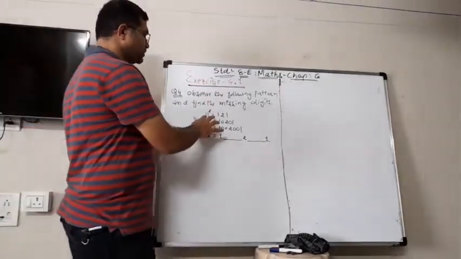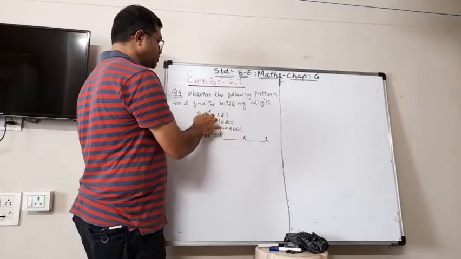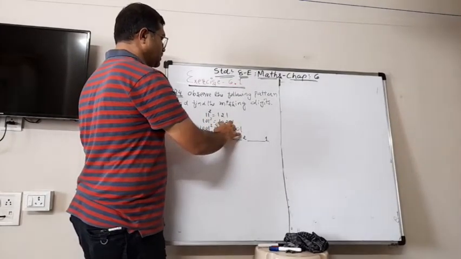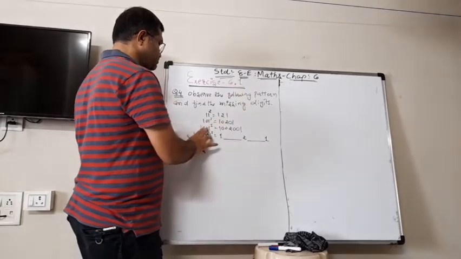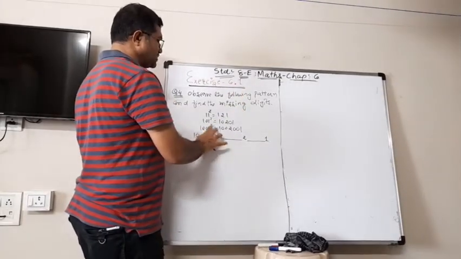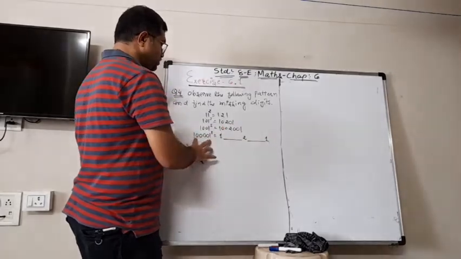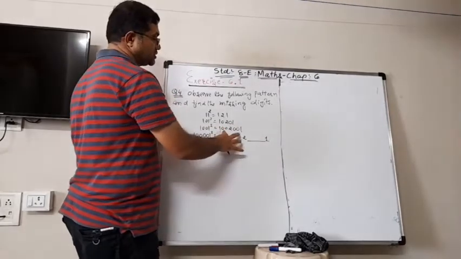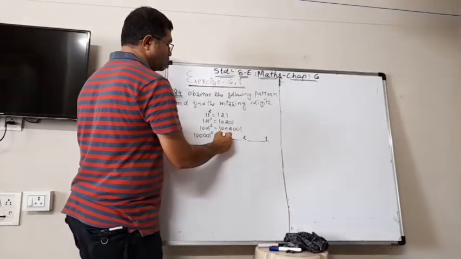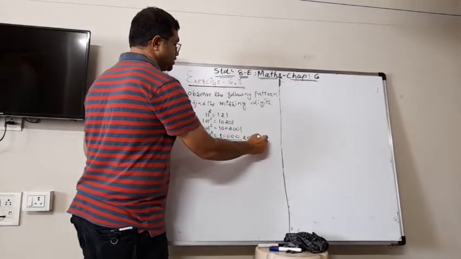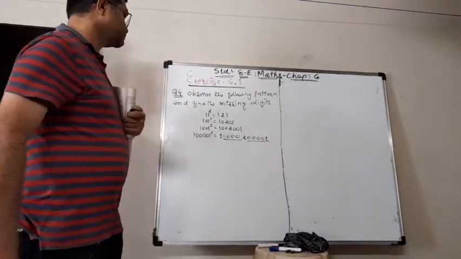If we notice, there are no zeros in 121, one zero in 10201, and two zeros between the digits in 1002001. So here, between the 1 and 2, there are 4 zeros. It means here and here there will be 4 zeros.